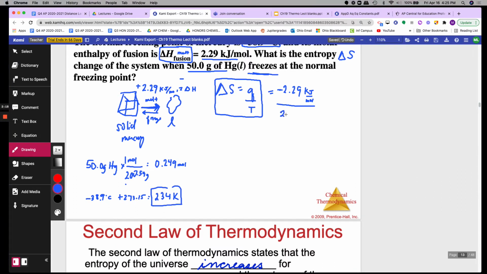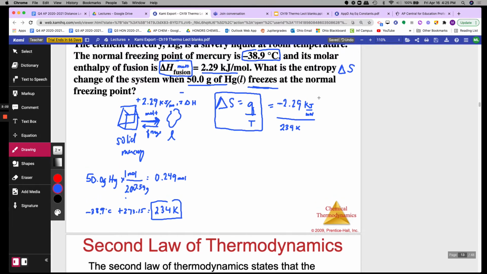And that's it. You just divide the numbers. But you have to make sure that this has to be in joules. So I went ahead and calculated, I have 50 grams of mercury here. I changed that to moles, so I got 0.249 moles. And the reason I did that is so that the moles will cancel here and here.